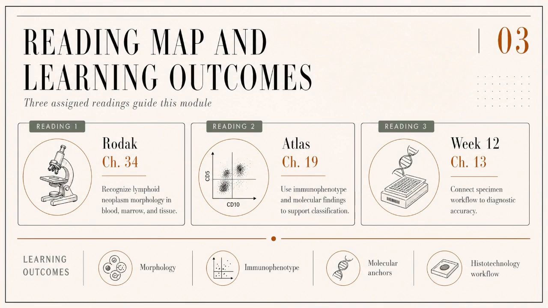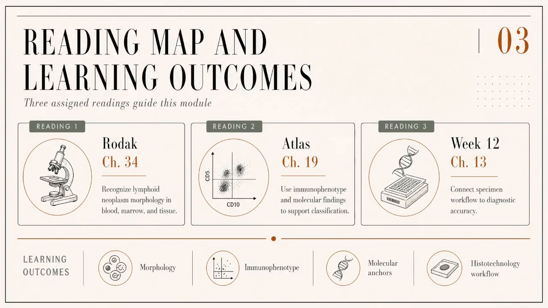These molecular insights not only confirm diagnoses, but also provide prognostic information and guide targeted therapies. As histotechnologists, understanding the specimen requirements, fixation conditions, and nucleic acid preservation strategies is critical to support these advanced tests.